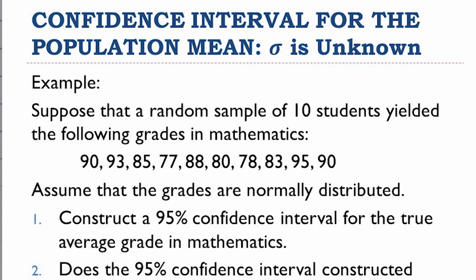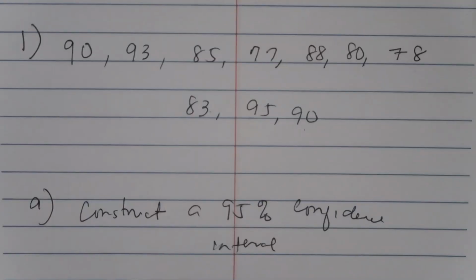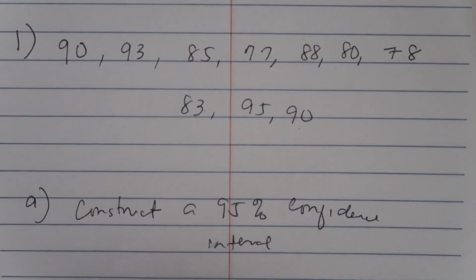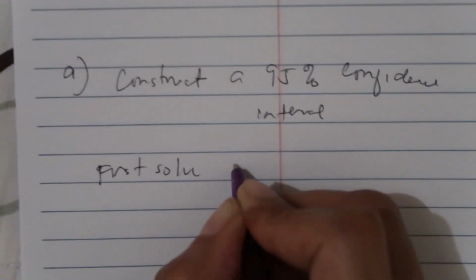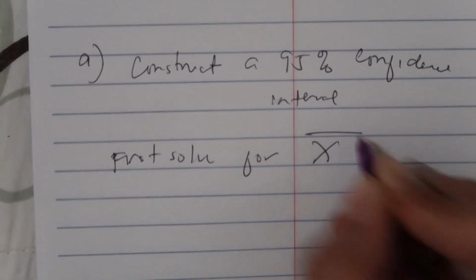A. Construct a 95% confidence interval. So how do we construct that? First, solve for the mean.